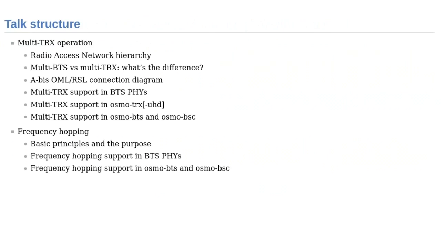One is multi-TRX, another is frequency hopping, and the former is essential for frequency hopping because we implement so-called baseband frequency hopping, and this is based on having multiple transceivers, multiple radio carriers.